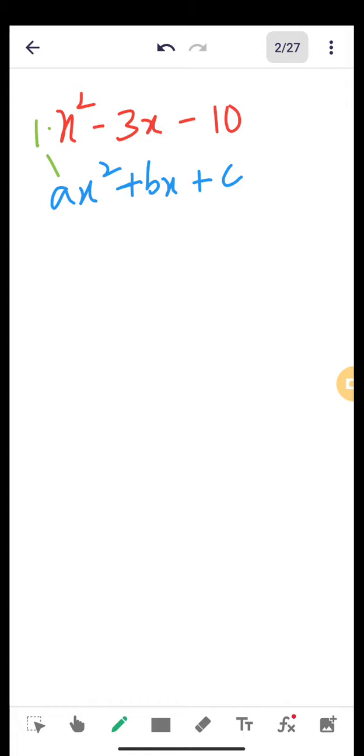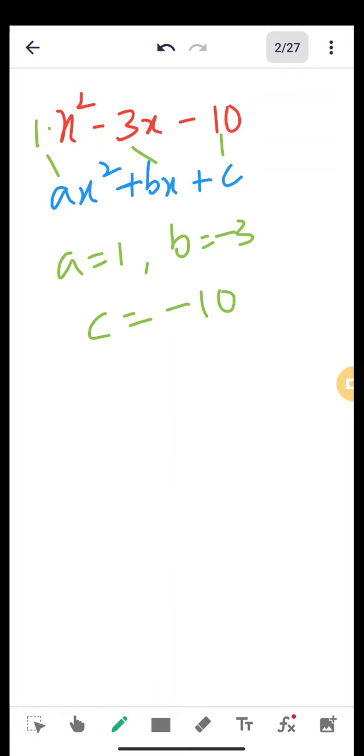Coefficient of x is minus 3. So a is 1, b is minus 3, and c is minus 10. Okay, this is c. So first we find the values of a, b, c.